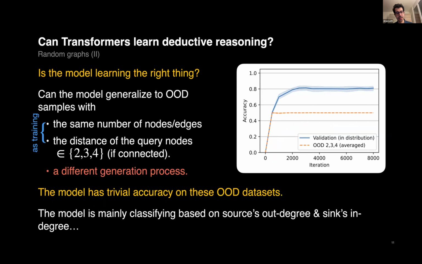For this new distribution, the accuracy of the model becomes 50%. This is quite interesting because we didn't even change the number of nodes and edges, so the length of the input is the same. There is no length generalization involved. It's just another input distribution.